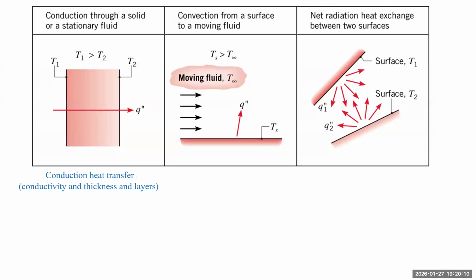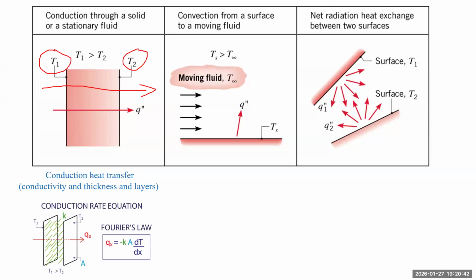Maybe you will ask, when is there conduction heat transfer? It is when there is a temperature difference: the heat flows from the high temperature surface to the low temperature surface. How to calculate it? We have Fourier's law.